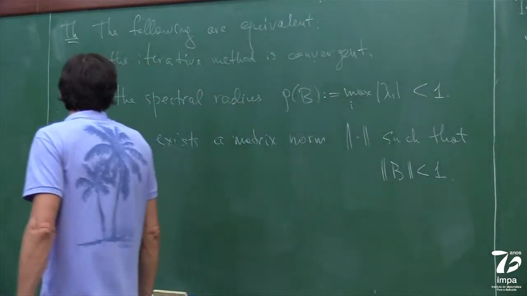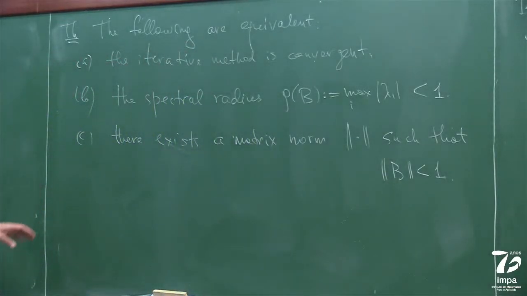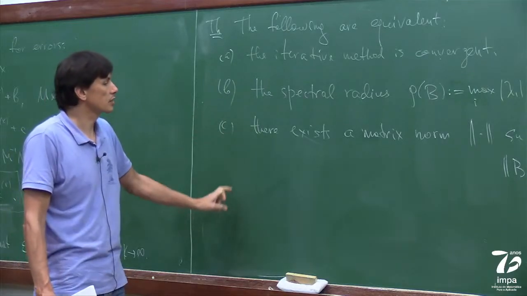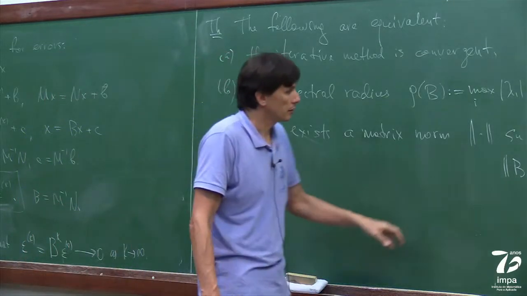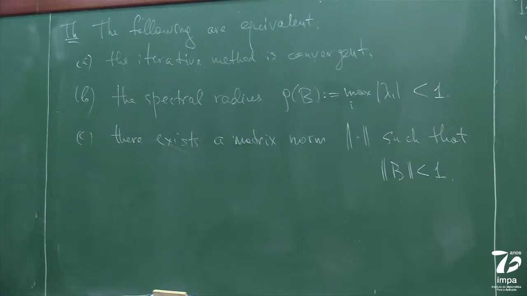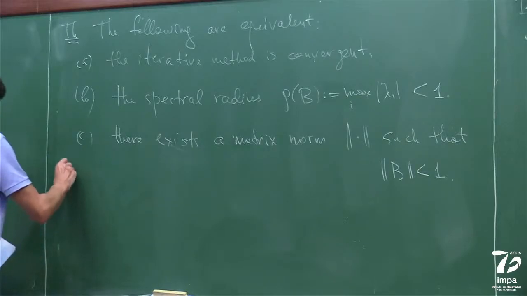Okay, so the method is convergent. It's the same as verifying the spectral radius, and the same as verifying, among all possible ways, the matrix norm of some norm, you don't know which one, of the matrix. So let's prove. So proof.